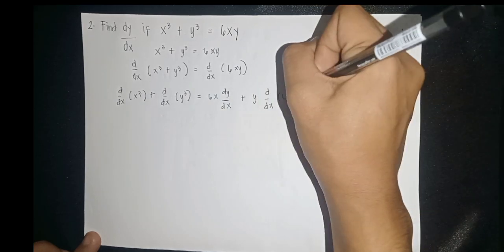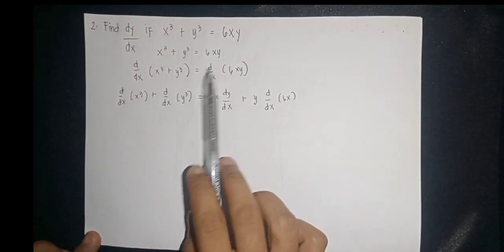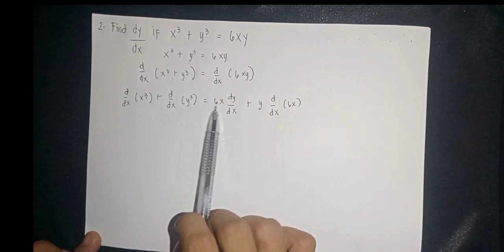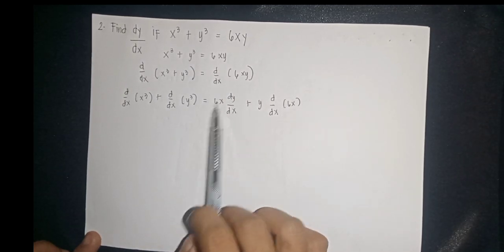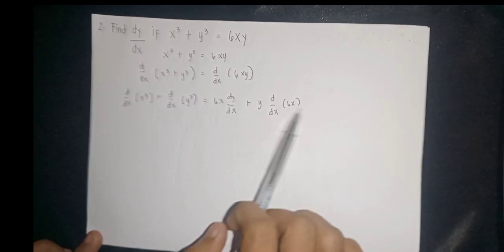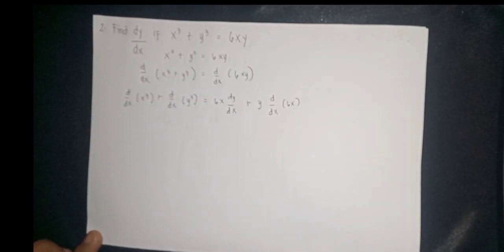So you can see here the derivative of x cubed over dx, and also the derivative of y cubed times dy over dx, then the 6x, the derivative of y with respect to x.